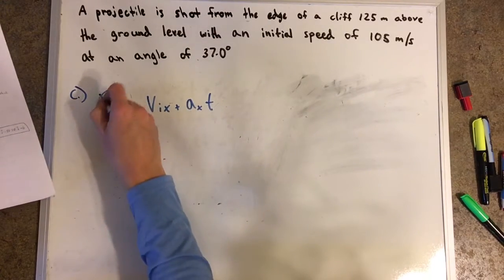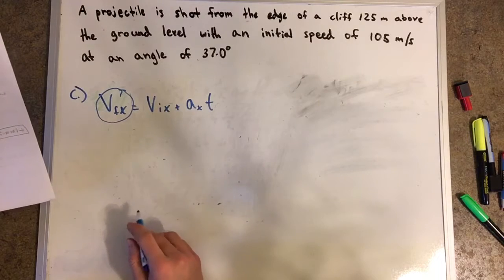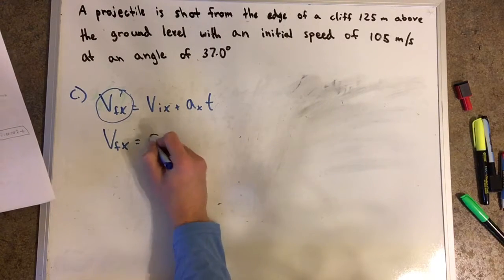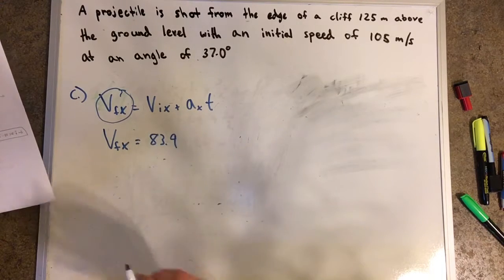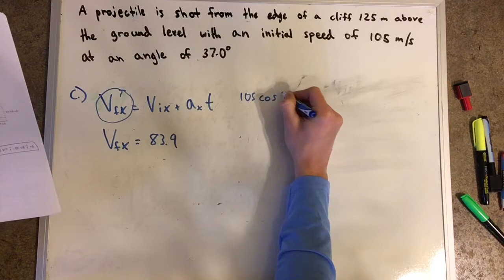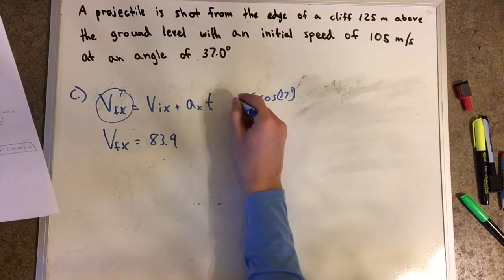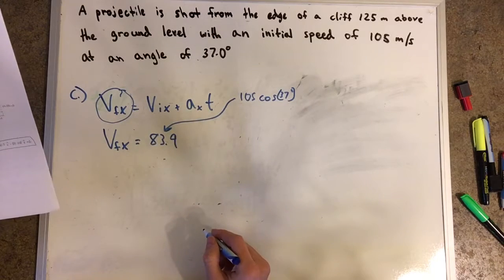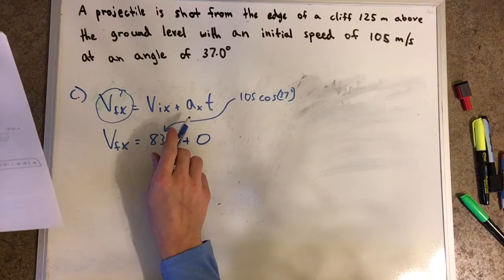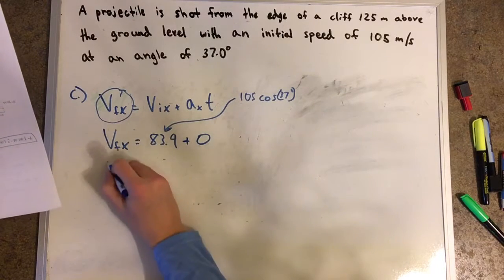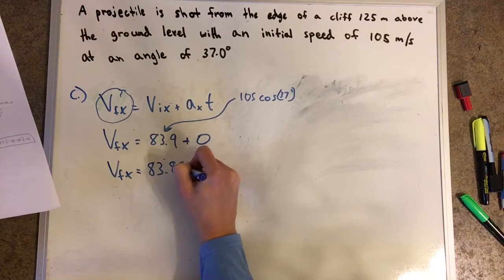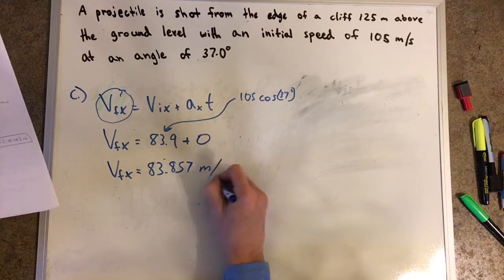You're trying to solve for this. So to get that, you plug in the other variables. Vx equals 83.9, which again is from 105 cosine 37 degrees, plus 0, because acceleration in x direction equals 0. Vx equals 83.857 meters per second.